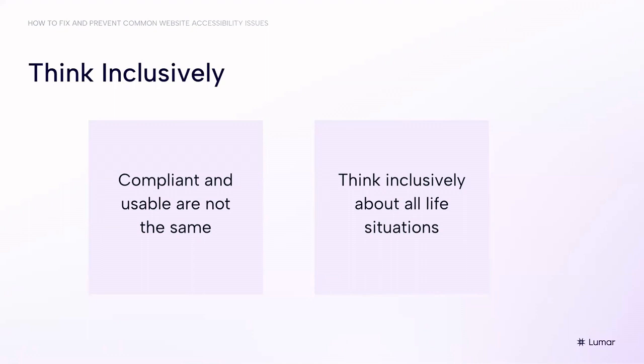So if we're just going to try and tick the box for compliance, we're literally just trying to do the bare minimum. It's critical, in my opinion, as a blind person, that we go to the usability level, that we give people a good experience when they're trying to interact.